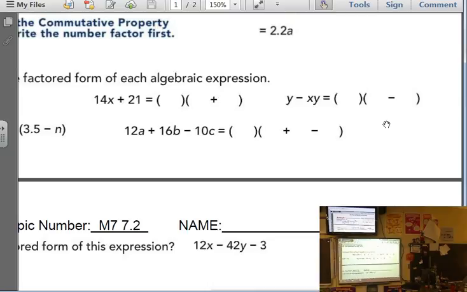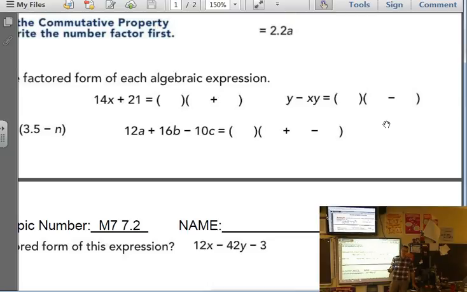So when we're thinking through this, Jaheim, when you look at 14x and 21, do they both have variables in them? Do they both have letters, variables in them? Just the 14, right? So you know that if both of them don't have variables, you can't divide by a variable. So throw that idea out the window.